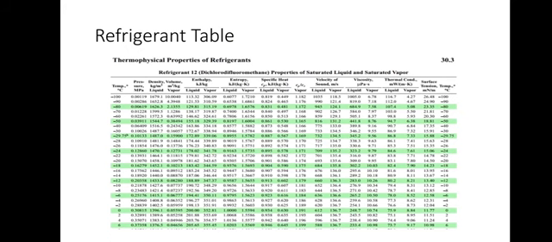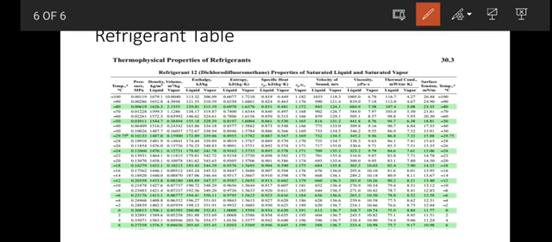Now, here we have taken an example of the thermophysical properties of a refrigerant, that means the refrigerant table. At a corresponding temperature and pressure, we have fixed enthalpy, entropy and specific heat values. For the example, we will consider minus 18 degrees Celsius.